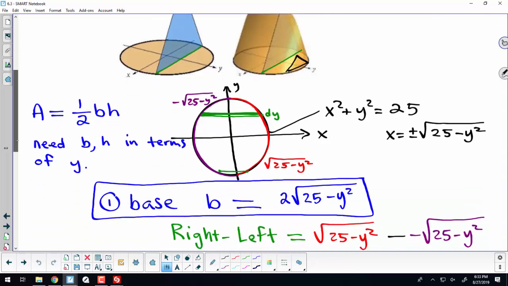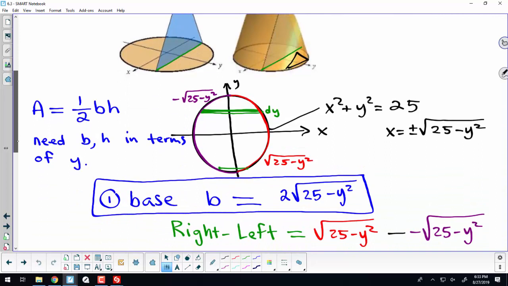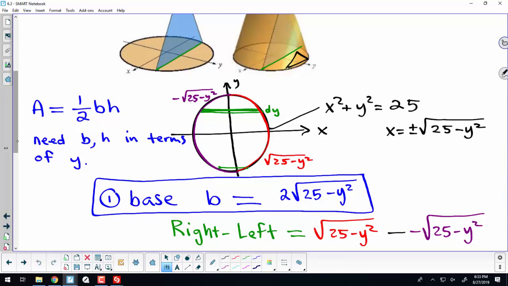Okay. So from the area function, we said we needed b and h in terms of y because of the dy here. And then that's where we started with the base. We said, well, what's the base? It's just the length of each green line that we produce throughout that figure. And the length of each green line is just measured by taking the right minus the left.